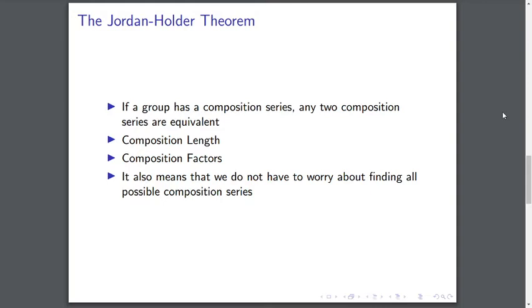In this case, we can just do one, and they're all going to be equivalent, which allows us to talk about those very big groups that may be impossible for even a computer to solve in finite terms. We just have to worry about one series rather than a whole slew of really gross series.